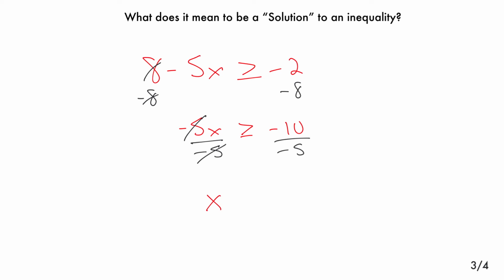If you ever multiply or divide both sides of an inequality by a negative, you got to flip the direction of the inequality. This is the answer, but there's an infinite number of numbers that are smaller than 2. So that's what it means to be a solution to an inequality. You're going to have a bunch of answers.